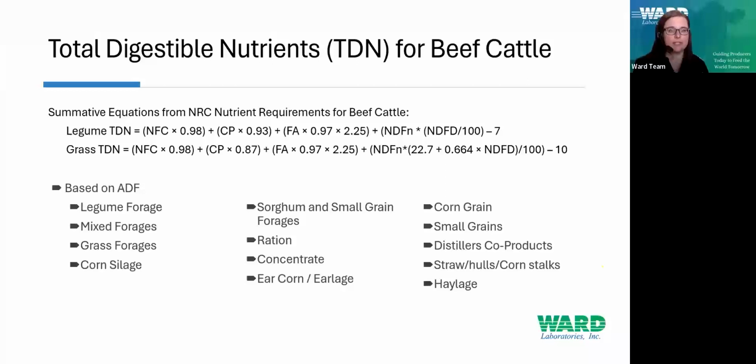But the point with the summative calculations is it's taking into account more than just one feature of the forage. It's taking into account the digestibility of the forage. It's taking into account the amount of fiber, that NDF, the amount of fat, the crude protein, and the non-structural or non-fiber carbohydrates. So you're getting a more balanced equation that's going to be more accurate as to what you can expect about the performance of your animals.